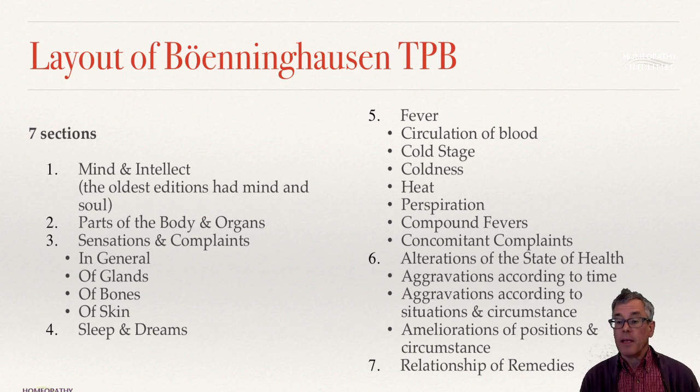And then we see the ameliorations of positions and circumstance, similar to the aggravations. And finally, the relationships. So a really simple layout, and it takes time to get familiar with this. Kent's precision at laying out the complete body in its repertory is somehow easier, perhaps.